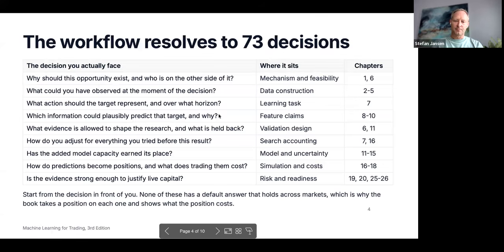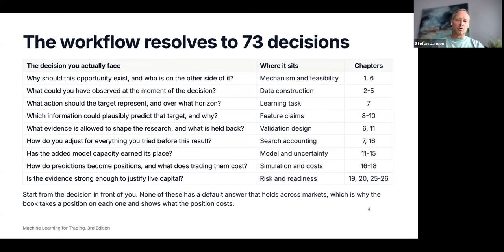So it becomes very tangible, and it goes literally from the beginning, as I said earlier, mechanism, feasibility, kind of what kind of opportunities should exist, why, who's on the other side of the trade, data construction, right? Thinking about the potential information that you can obtain. How do you pre-process it in a sound way so you don't introduce any look-ahead bias, leakage, etc. Kind of how should you design the learning task? What is actually useful decision support for the trading strategy that you aim to implement?